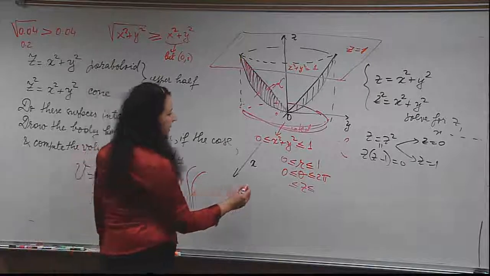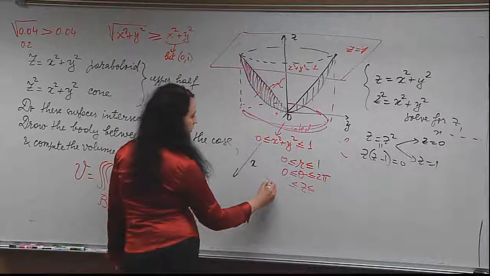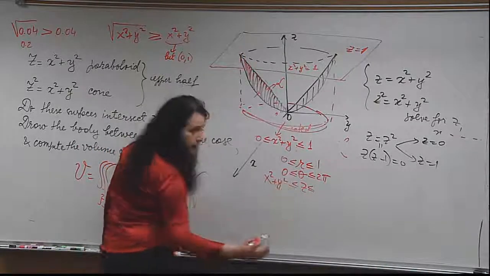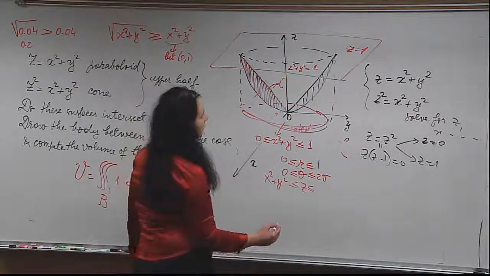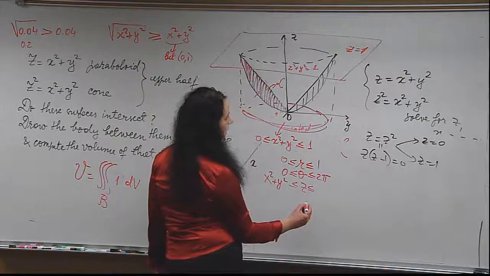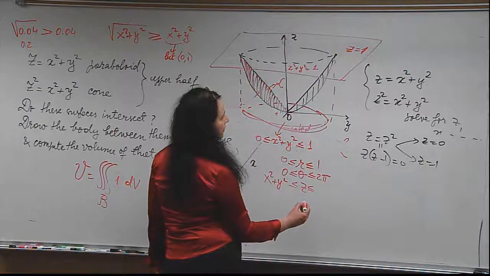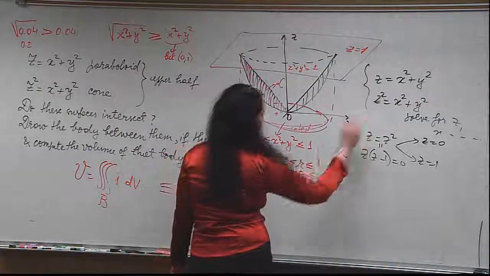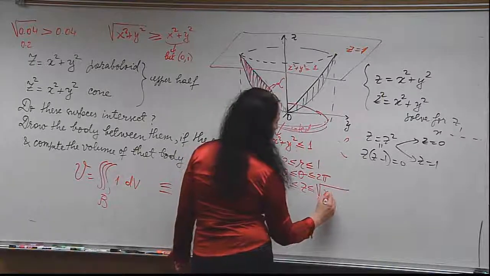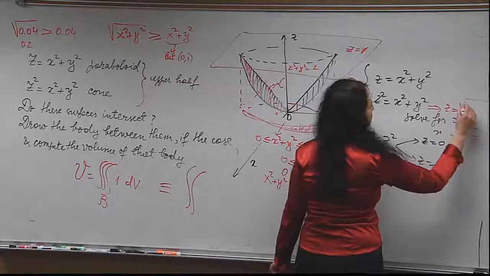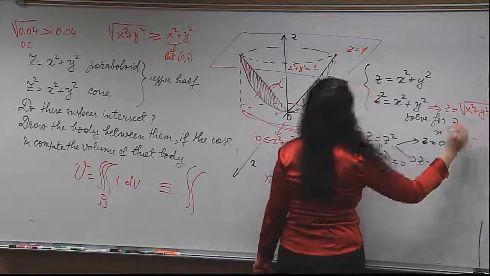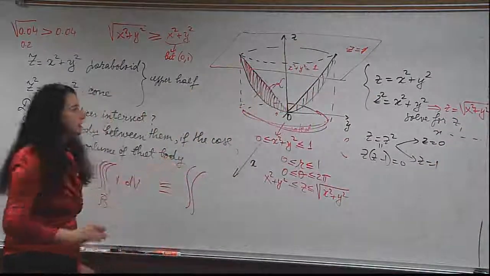So this is what we are doing. We are saying this is x squared plus y squared, the bottom, the round thing on the bottom. And this is going to be on the top, the square root of x squared plus y squared from the cone, sorry guys, the upper half. Because I only work with the upper half. Everything is above the sea level.